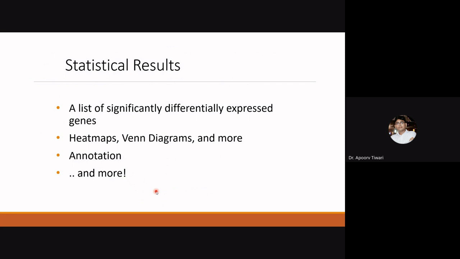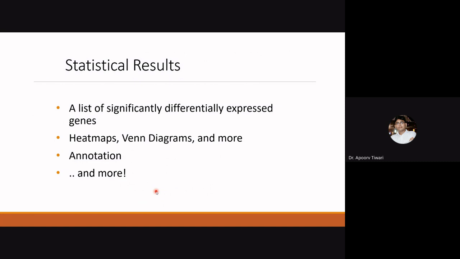So statistical results are actually a list of significantly differentially expressed genes. When we use the term significantly, we have to use the p-value, the p-adjusted value, and the log fold change value.